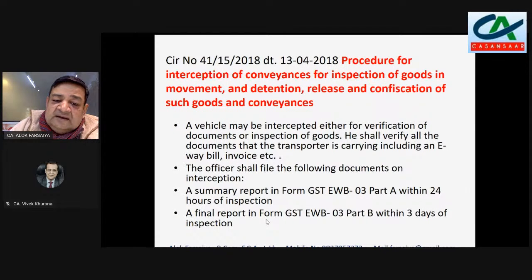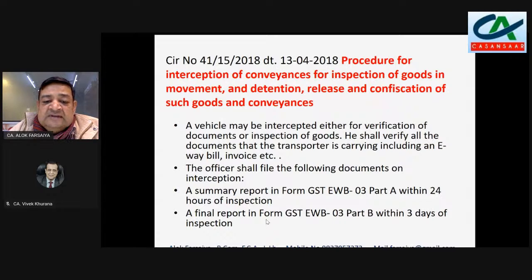But with all this, the biggest problem the business is facing is that the supplier is situated at one place, the recipient is situated at another place, and the goods are detained on the way, and sometimes these distances are more than 1,000 kilometers or maybe more, because India is a wide country.